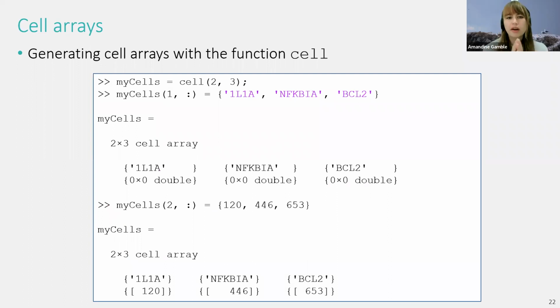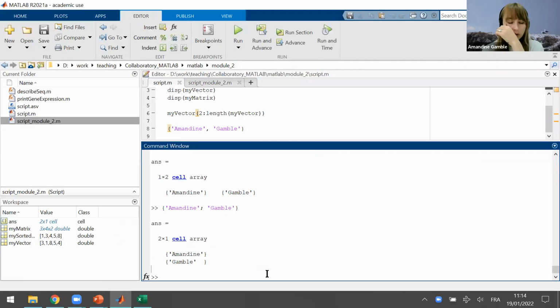You can generate cell arrays with the function cell, like I use here, and we'll see what it gives. Another good thing with cell arrays is that you can mix within a cell array values from different classes. So for instance, you can have strings and numbers within the same one.